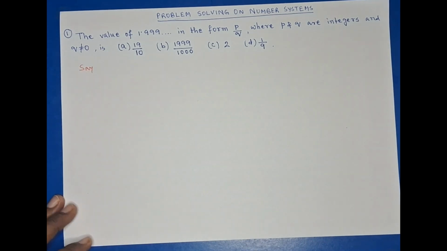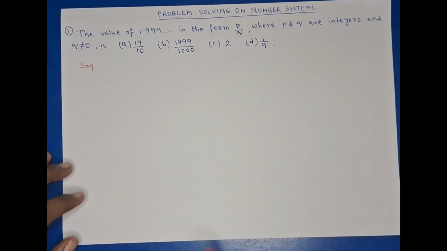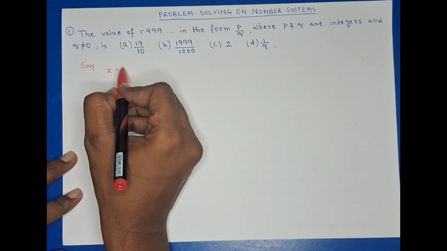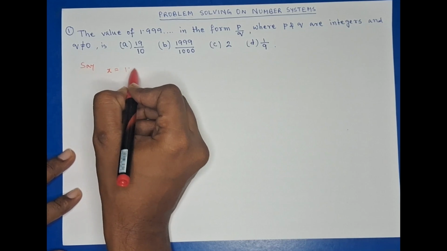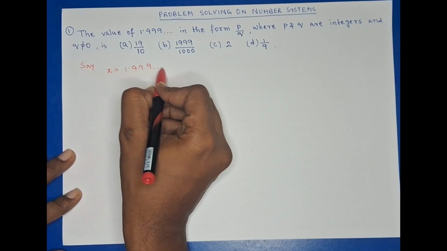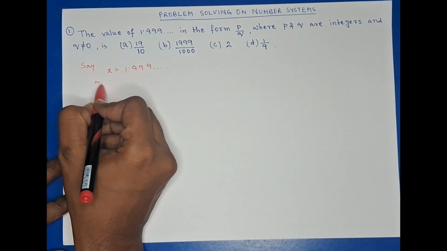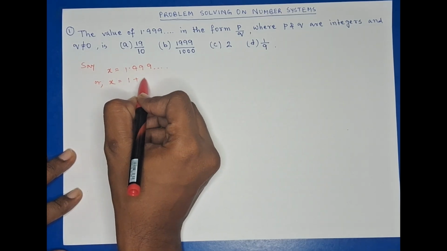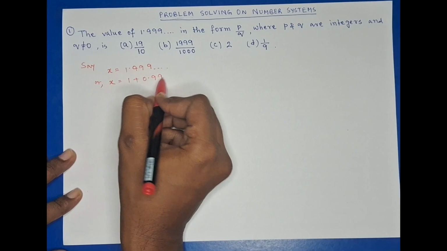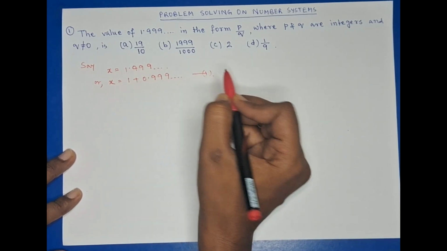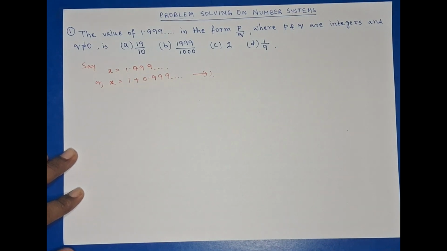Say x is equal to 1.999 dot dot dot. We can write it as x is equal to 1 plus 0.999 dot dot dot. This is considered as equation 1.